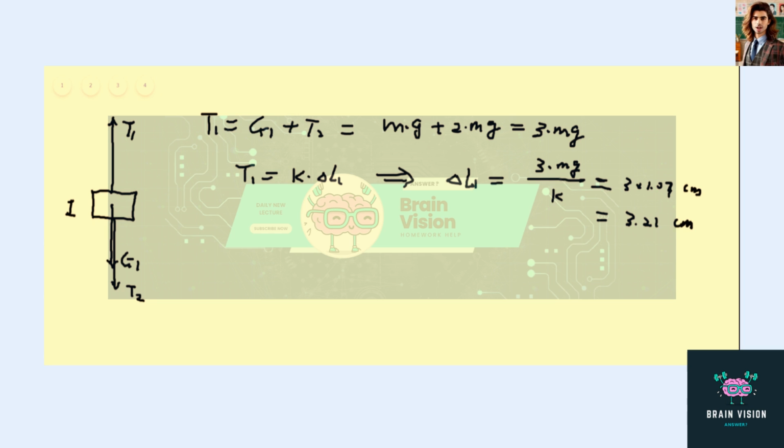And then we add this spring displacement of the first spring on top of the original length, and we can get the real length of spring number 1 to be L0 plus delta L1, equals 12.0 cm plus 3.21 cm, and in total that gives us 15.21 centimeter. And that's all of it.